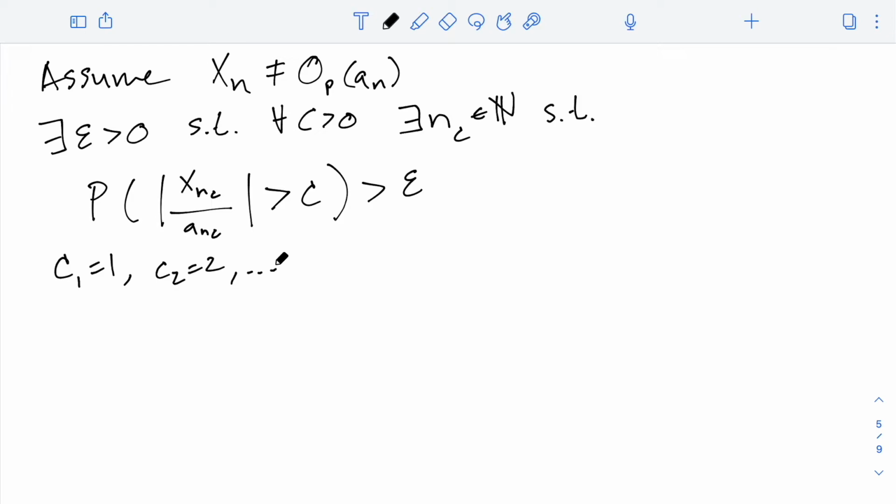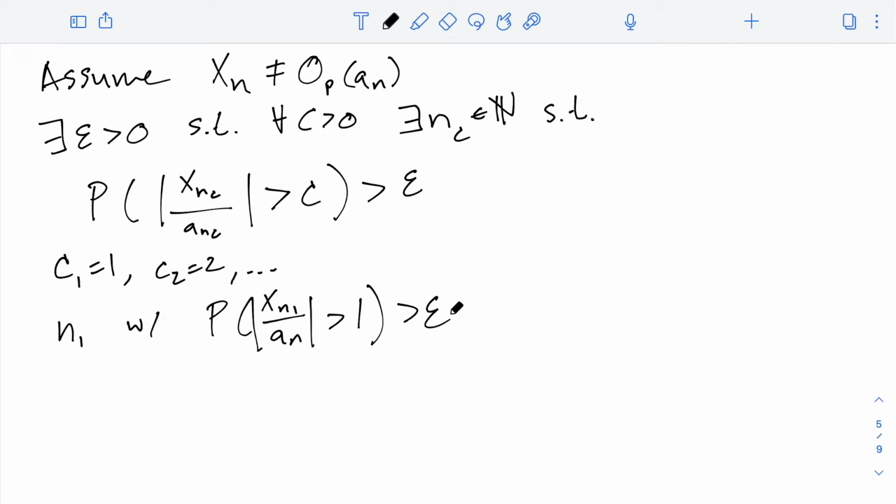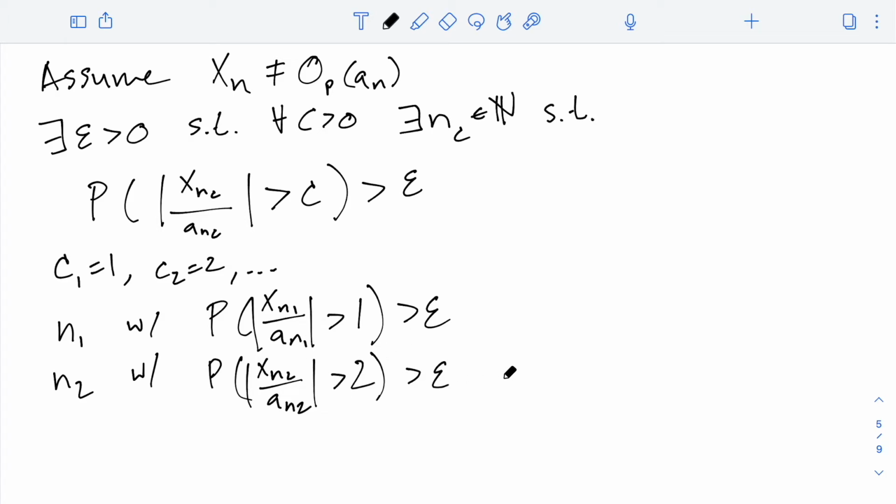And now we know that there is some n1 with the probability that |X_{n1}/a_{n1}| is greater than 1 is greater than epsilon. Similarly, some n2 where this holds: the probability that |X_{n2}/a_{n2}| is greater than 2 is greater than epsilon, etc.